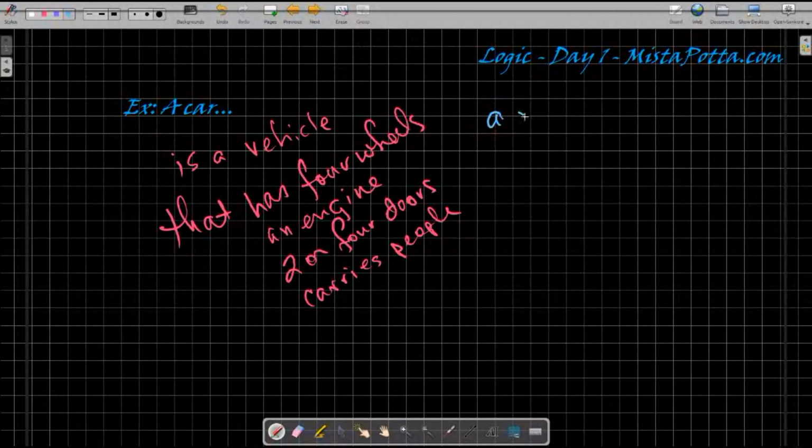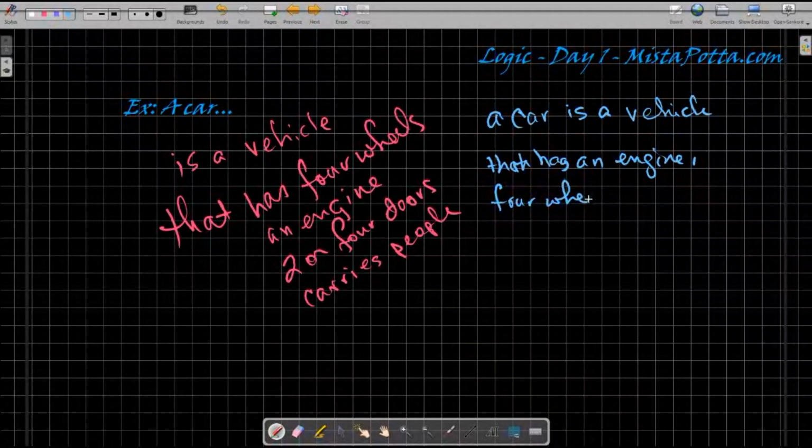So if I wanted to talk about a good definition for a car, I would say something like, a car is a vehicle that has an engine, 4 wheels, 2 or 4 doors, and carries people.